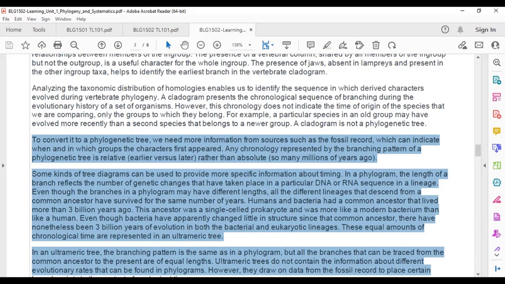So in order to convert this to a phylogenetic tree, you will have to have information such as the fossil record.